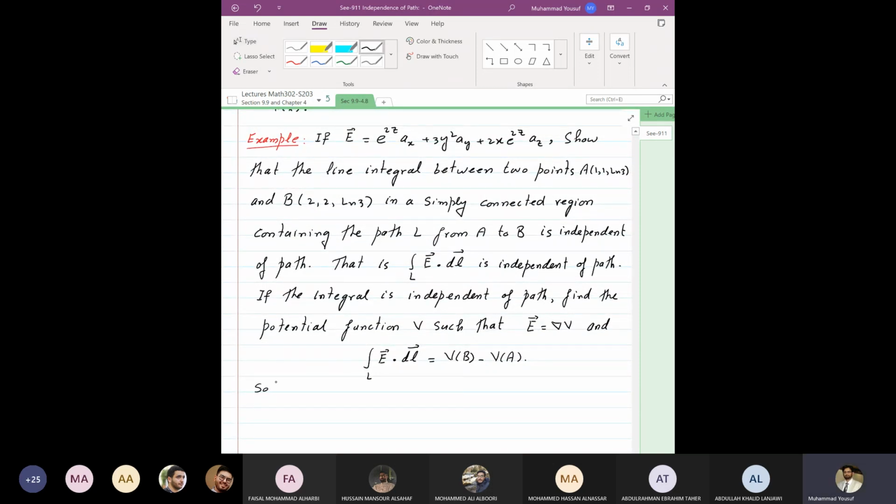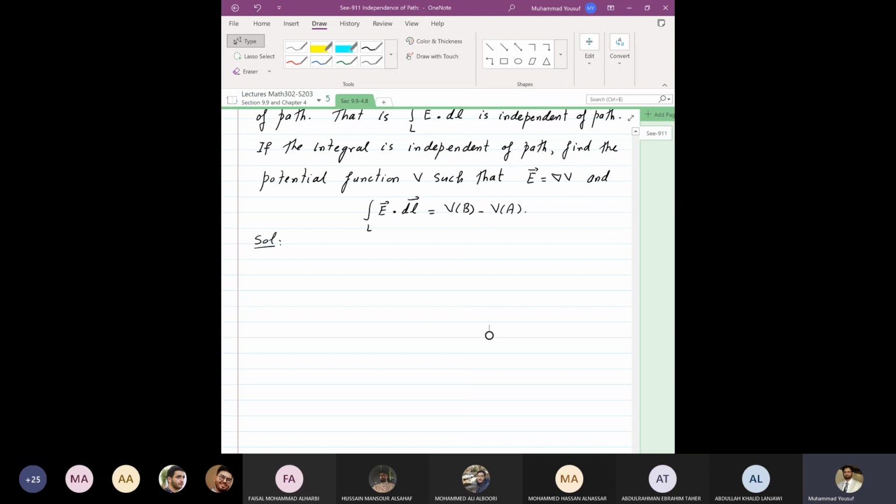Okay, solution. So first thing is to show this is independent of path. And that, I mentioned, you need to show that del cross E is equal to 0 vector.